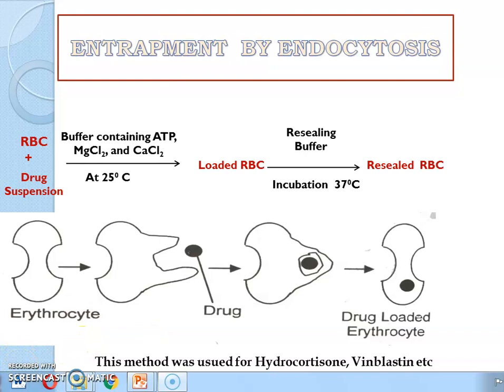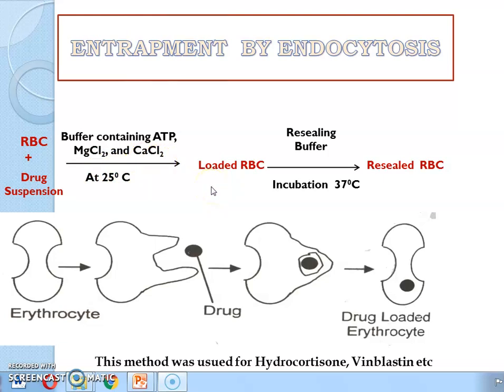This is the last method of loading of drug into the RBCs. In this method, the RBCs along with the drug suspension are added to a medium containing ATP, magnesium chloride, and calcium chloride at 25 degrees Celsius, where the drugs get loaded inside the RBCs.